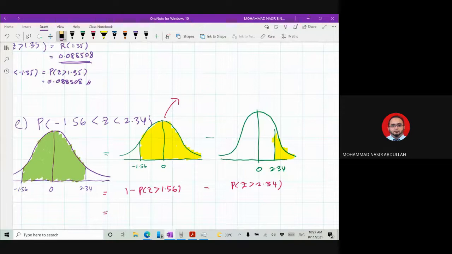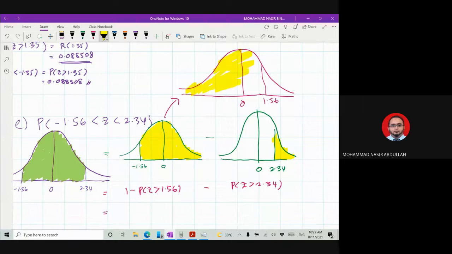Let's say I draw another curve kan. This one is also equal to this one. This is 0, 1.56. If you want to find to the right or to the left, benda yang sama. So the areas are equal, right? To the right and to the left. So this is the concept lah.